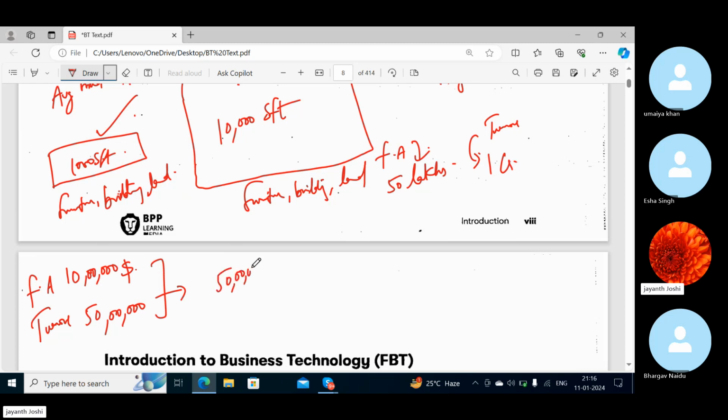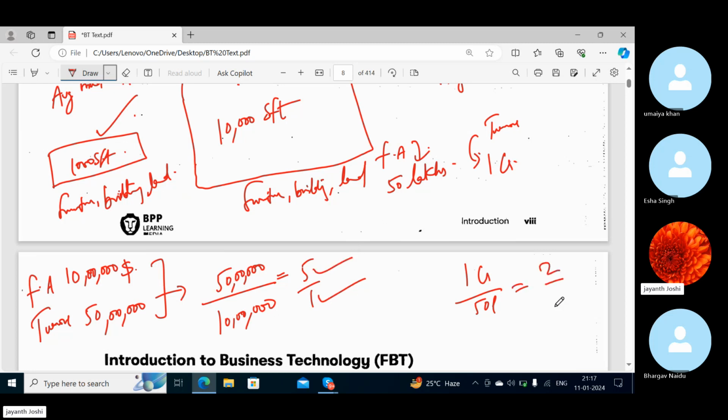net sales by average total assets or total fixed assets. The same thing goes here: 1 crore by 50 lakhs. Here it is 5 upon 1, that means $1 of investment in fixed assets is giving me $5 of revenue.